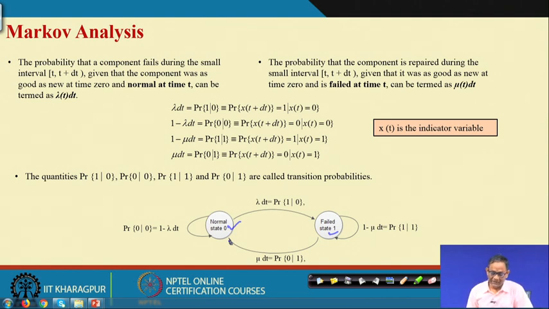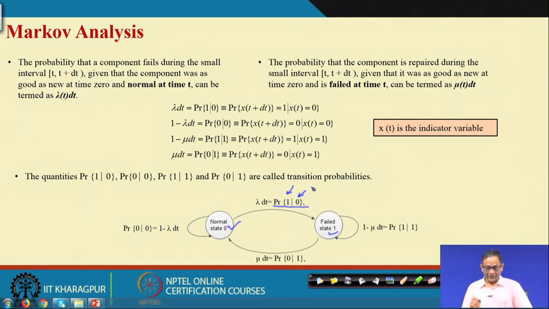So, we will create a small time interval delta t, and suppose at time t the component is at normal, and at time t plus delta t the component is at failed state, then the probability is probability 1 given 0, with 1 for failed state and 0 for working or normal state.